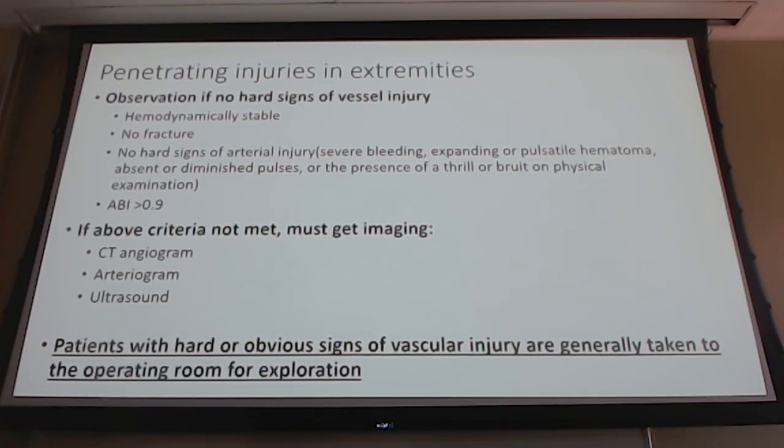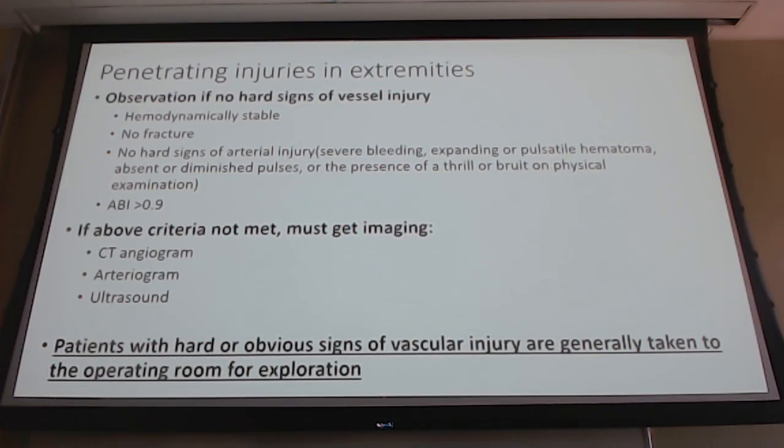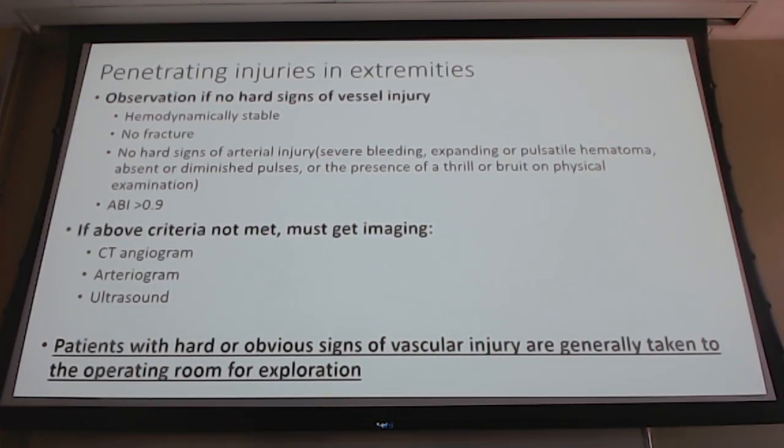If it's a little arm laceration and we can actually see the vessel, we can ligate it off, they have good periphery, good collateral, and their hand still has all movements, their PMS is still intact, and we don't necessarily have to take them if we can fix it in the ER. But at any other point, there's a very low threshold for taking them to the operating room for exploration.